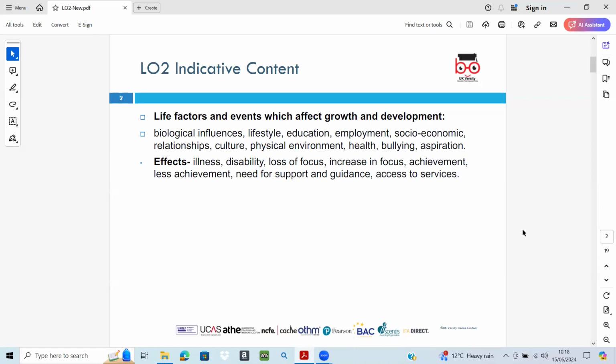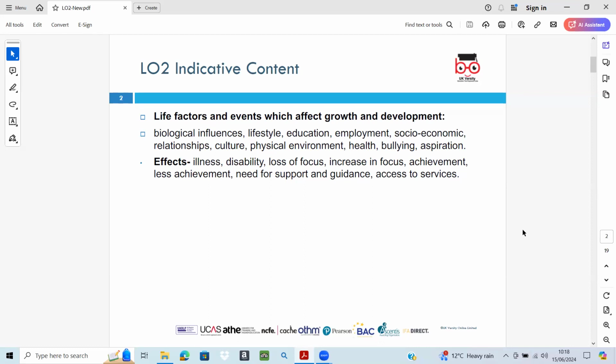Then we have loss of focus. Stressful life events such as the loss of a loved one or financial difficulties can disrupt a life, and even disrupt the daily tasks and academic performance of a person.